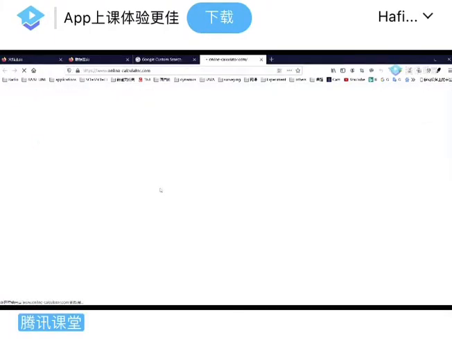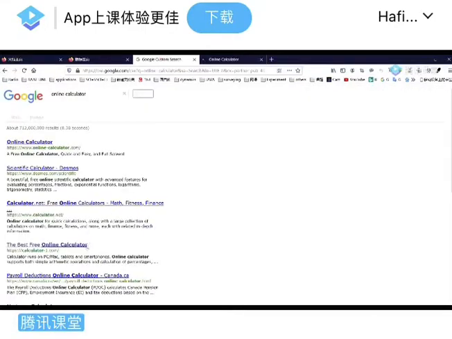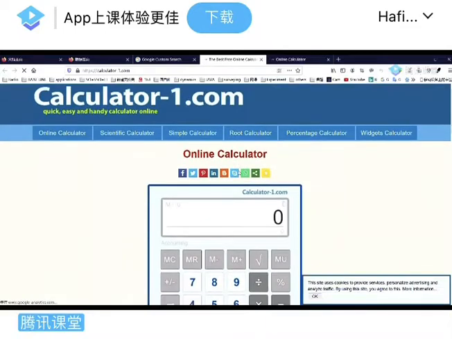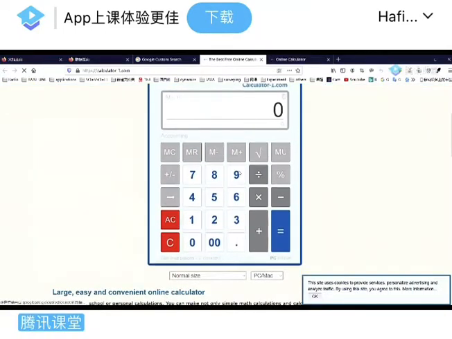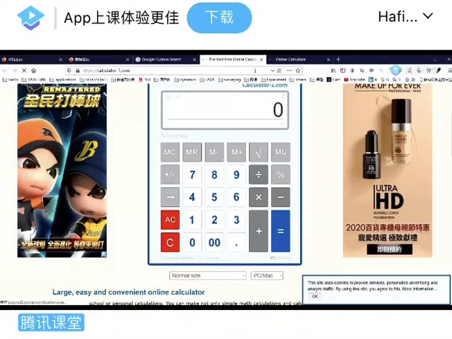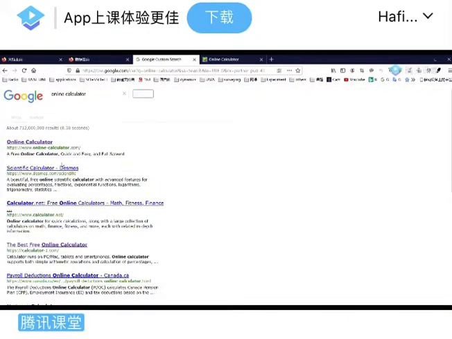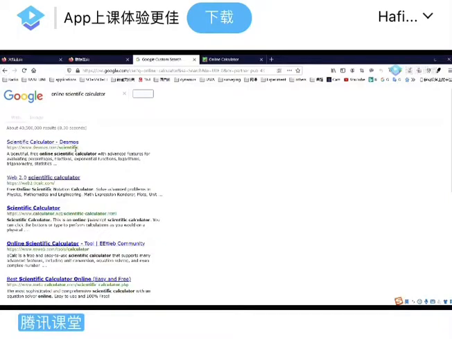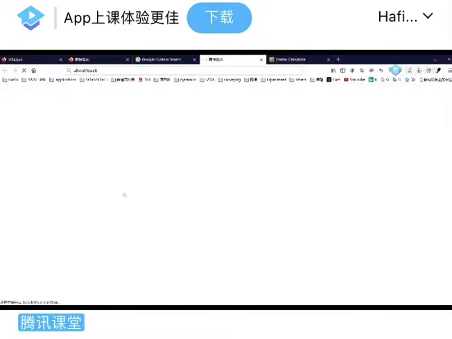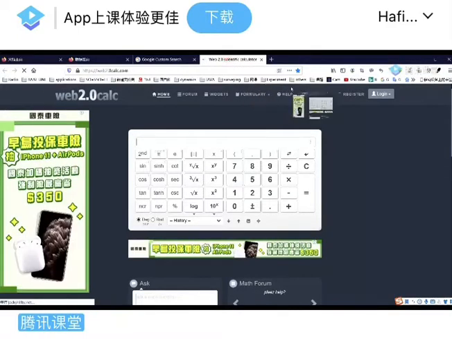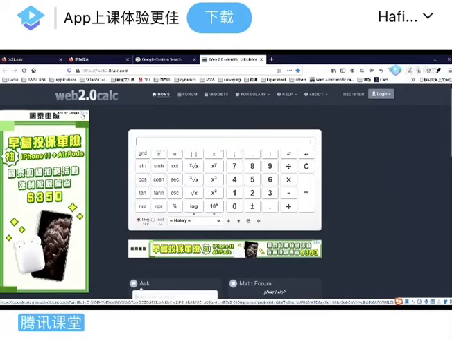This is not a good one. I don't like this one, because I will have an exponential raised to an exponential, so I need an online scientific one. This is the one I used to use, so I just make a copy of it online.